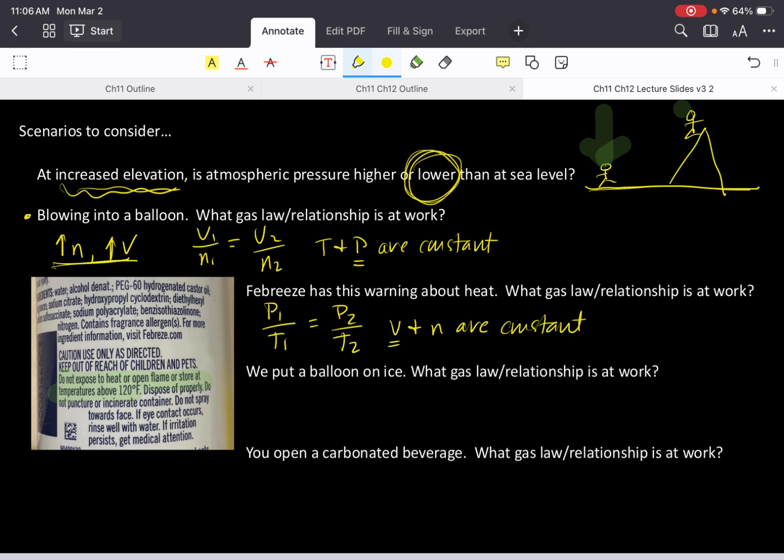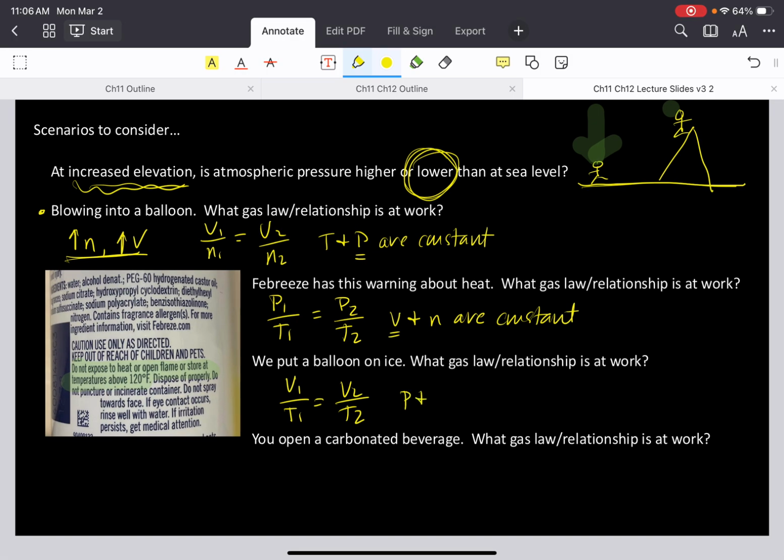If I put a balloon on ice, that means my temperature goes down and my volume is also going to go down. This is assuming that P and N are constant. What we're saying here is that if I increase the temperature, the volume will go up as long as the volume is flexible.